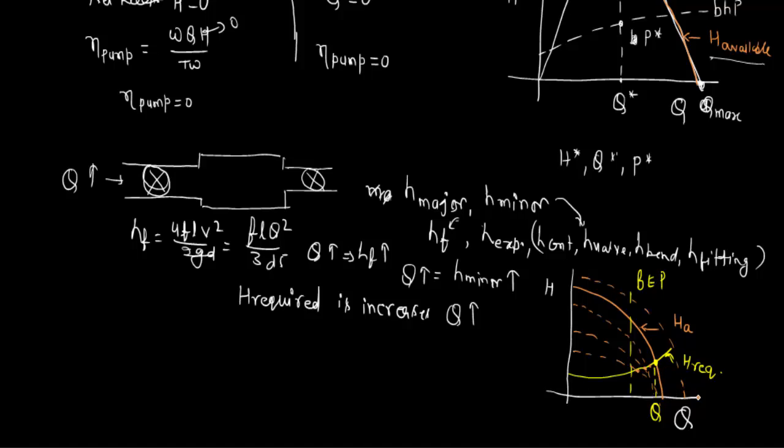Okay, so I think in this topic it is clear: the performance curves. We define the performance curves as the head, efficiency and power with respect to the discharge, and those curves provide information on at which point the pump will perform best.